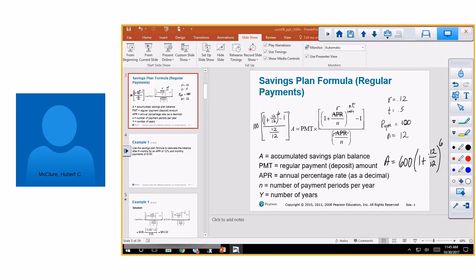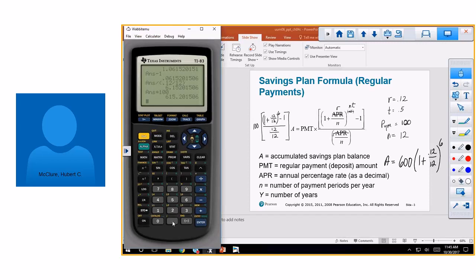Let's see what we get. That's going to be 0.12 divided by 12 equals, plus 1 equals, raised to the 6th power equals, times 600. 636. But what's the problem?